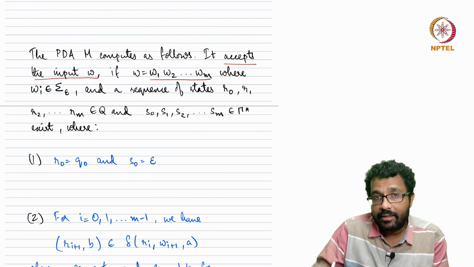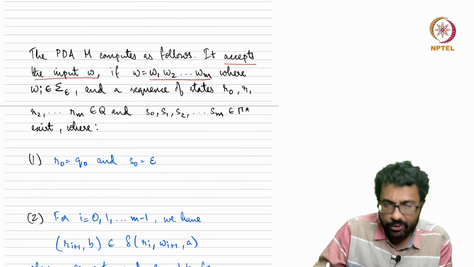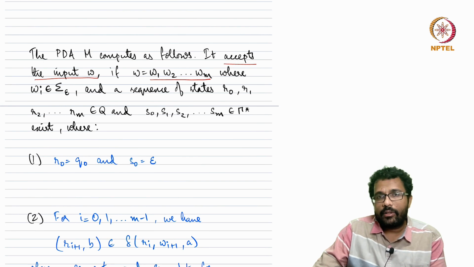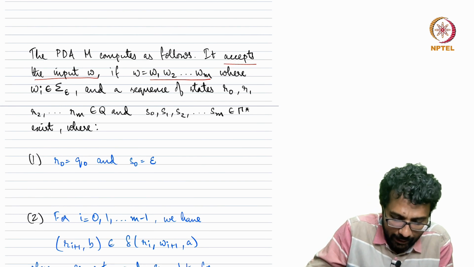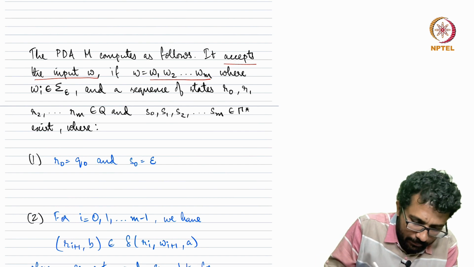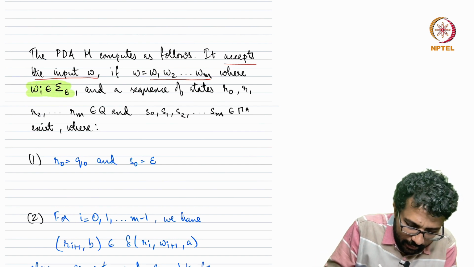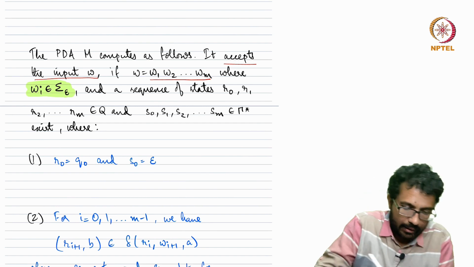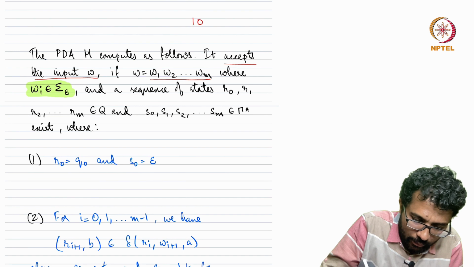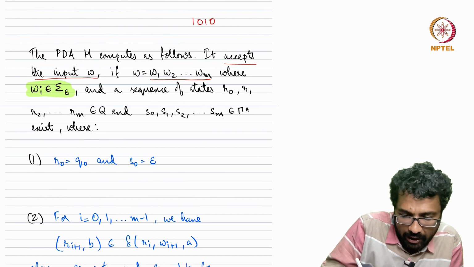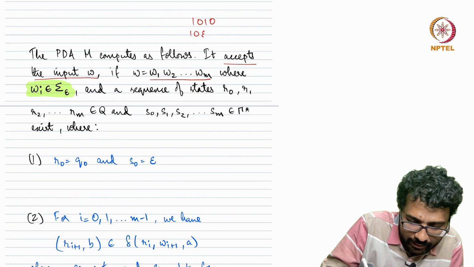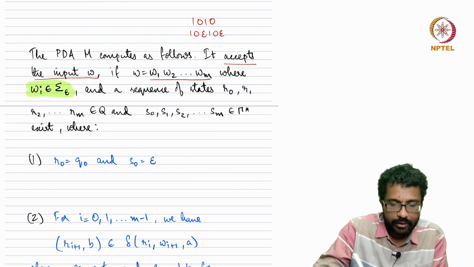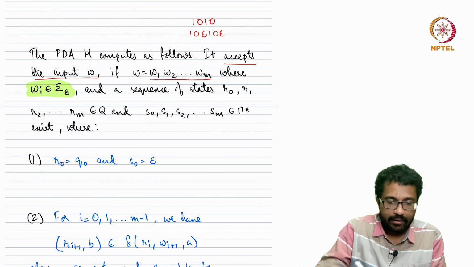Usually we use N for the length of W. The reason we are using m here is that each Wi is in sigma subscript epsilon, meaning it could be the empty string also. For instance, I could write 1010 as 10, empty string, 10, empty string, because maybe I am using empty transitions in the middle.